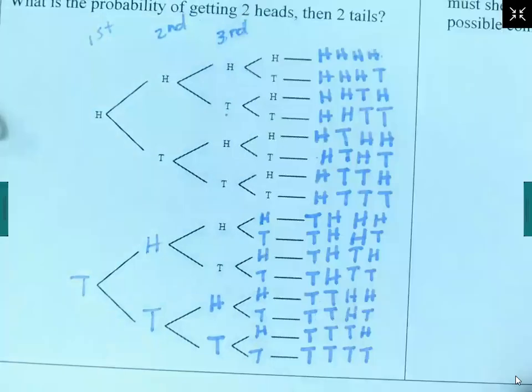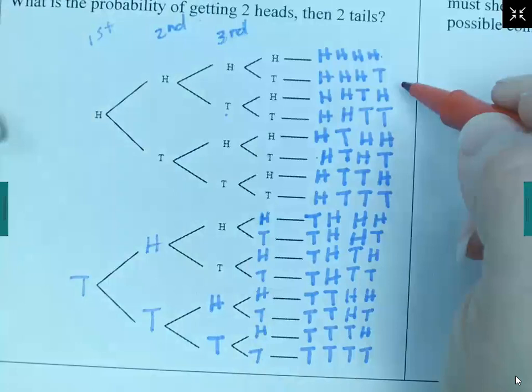Now we're going to go back and look for at least, could it be more than 2 tails? Okay, so circle all the ones that have 2 T's.